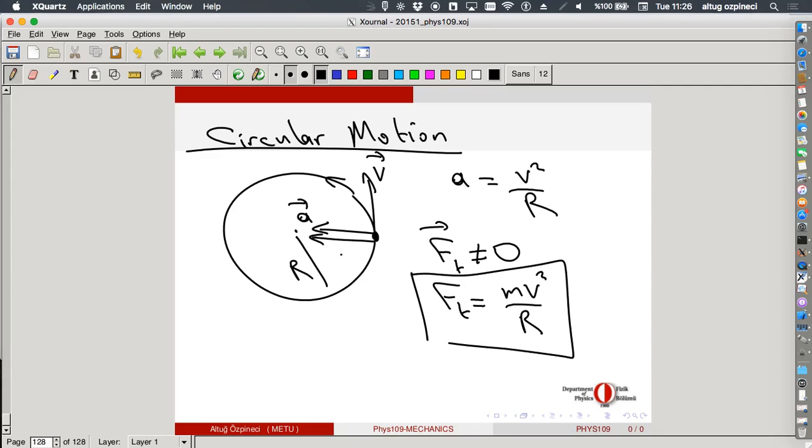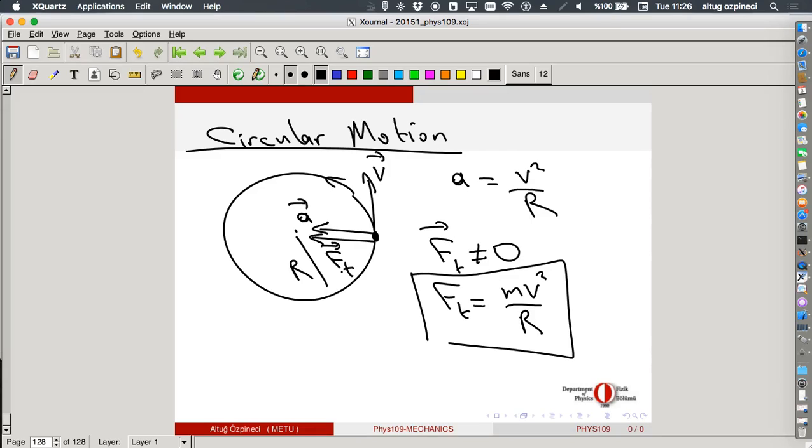It should be pointing in the same direction as acceleration. There is no outward force acting on anything. The only acceleration is toward the center, and the total force should be toward the center. Furthermore, there is no force due to the velocity of my object.